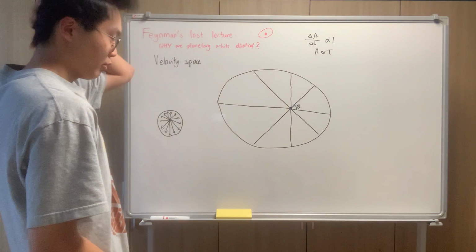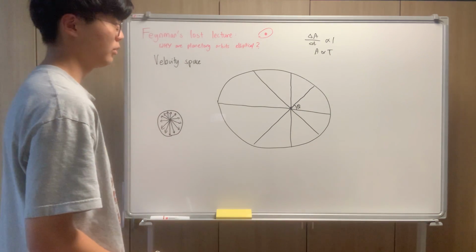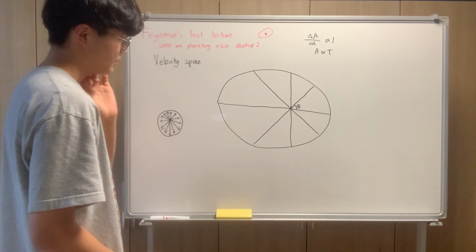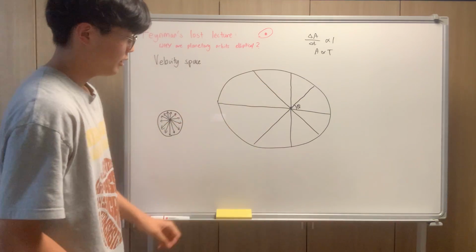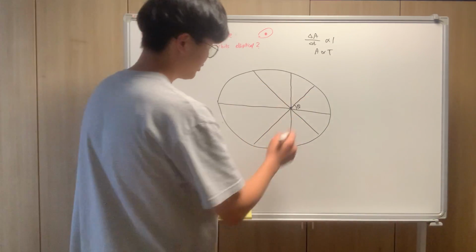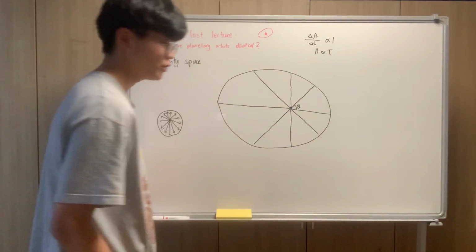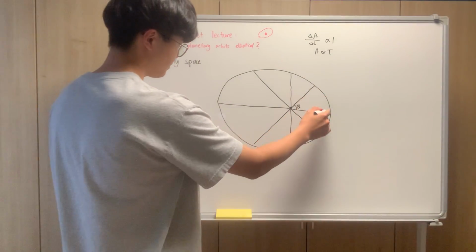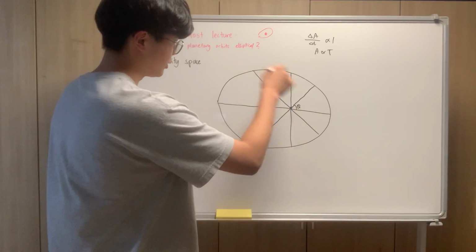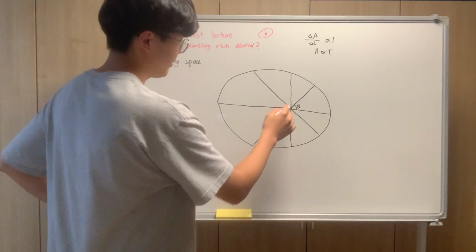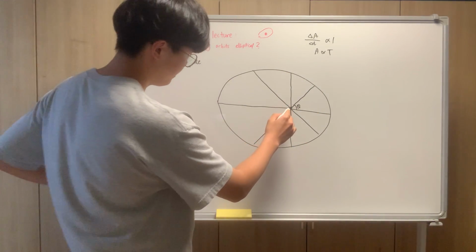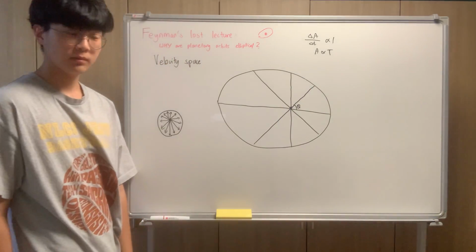Okay, now what do we do here? Well, we're going to compare the time taken for the object to sweep these regions with the same angle from the focus point.